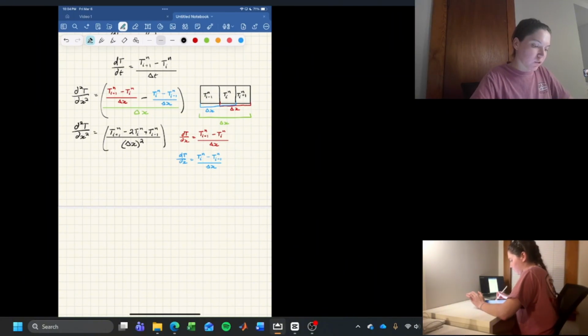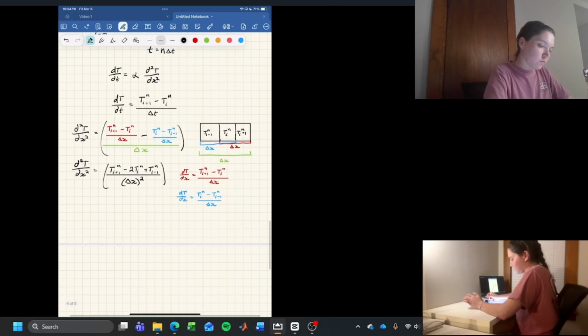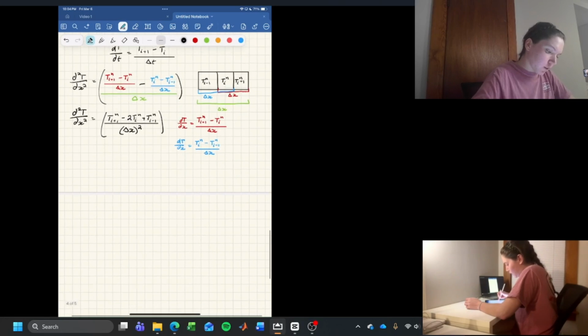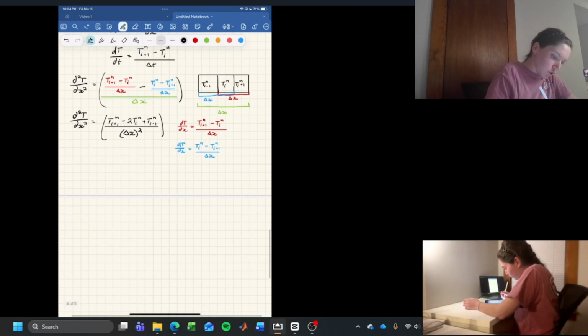So let's plug all these values into our heat diffusion equation, this one up here. So we said that for the heat diffusion equation, the change in temperature over the change in time is going to be the temperature of i plus 1 at some time minus the temperature of i at the same time over the change in time.